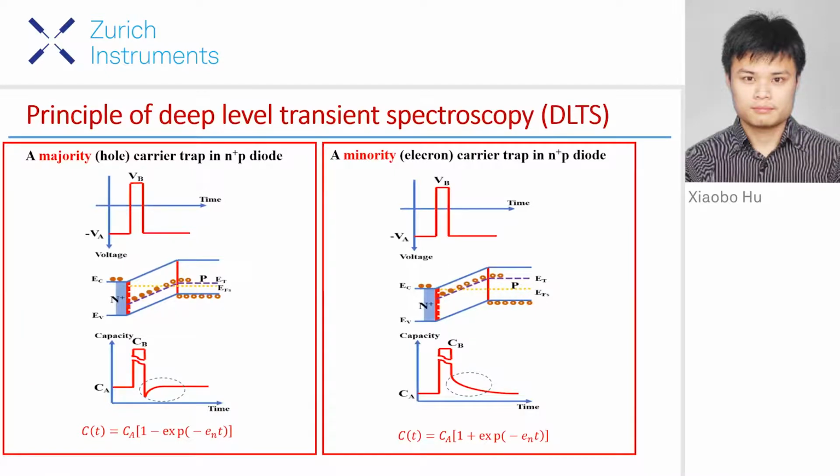Here, we show the capacitance transient induced by a majority carrier trap and a minority carrier trap, respectively. And this is the description of the capacitance for these two conditions.